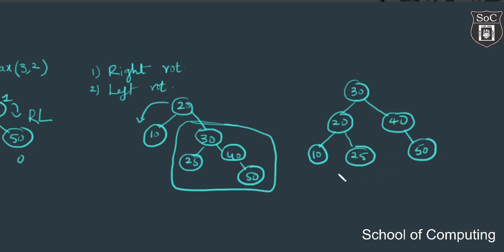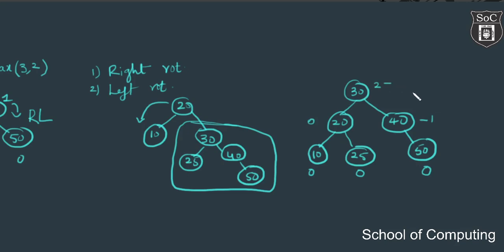Let us calculate the height at every node. Height at leaf nodes: 0, 0, 0. Height at 20, 1 minus 1, it is 0. Height at 40, left minus right, left side I don't have anything, 0 minus 1, it is minus 1. And height at 30, left minus right: whether you go from 30 to 10 or 30 to 25, the number of edges is 2 only.